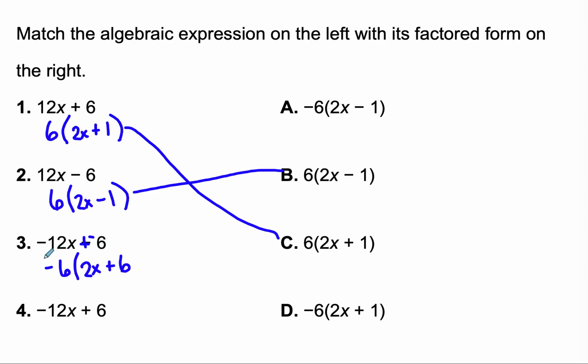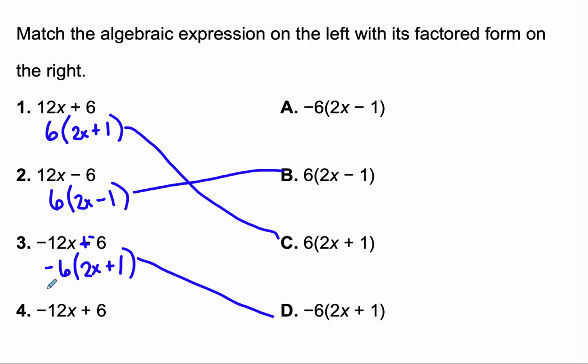I have a negative number on the outside here, so my operation switched. So -6 times the quantity 2x plus, not plus 6. Well, let's fix that. That's going to be +1. I forgot to divide. -6 divided by -6 is a +1. So it looks like that one's going to match up with D.